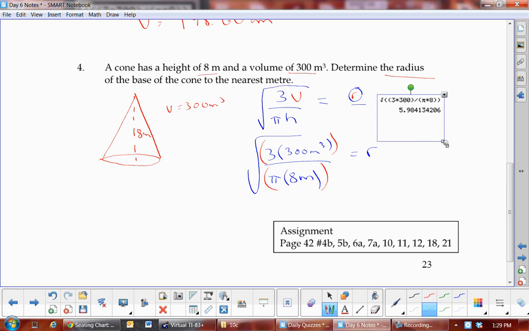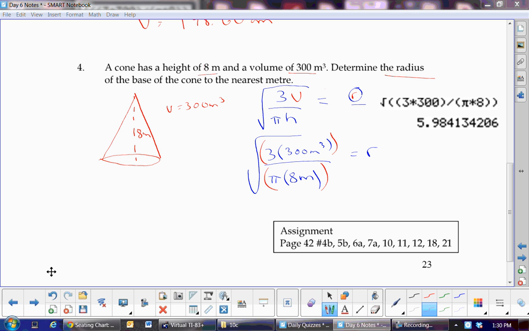Okay, so I just got this right here. So it said to the nearest meter, it will be r equals, so 6 meters equals r.